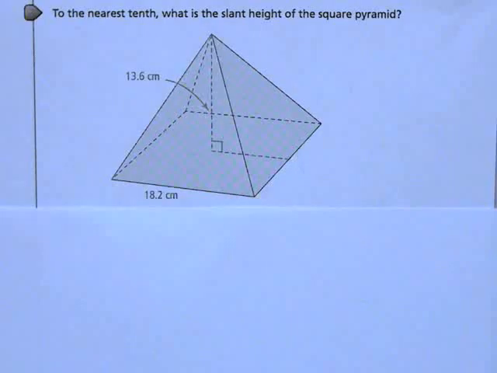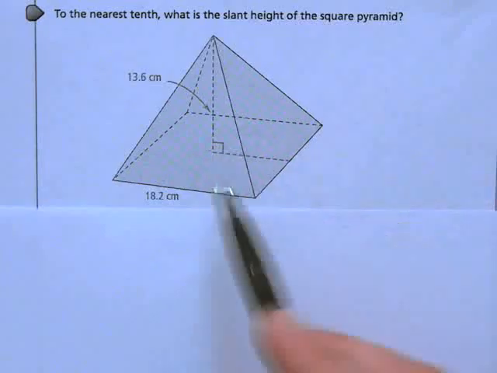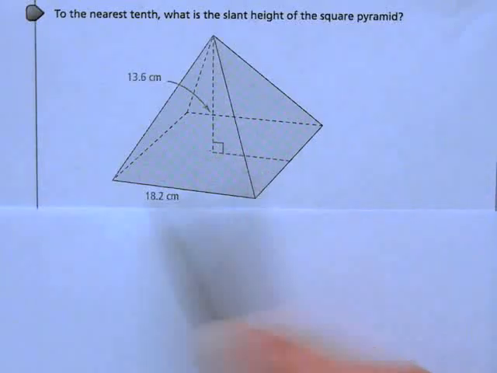All right, in this problem, we're asked to the nearest tenth, what is the slant height of the square pyramid? And as you can see, this is a drawing that illustrates what we looked at on the model earlier in this video. And we are given the height of the pyramid here, and we're given the distance of the entire base.